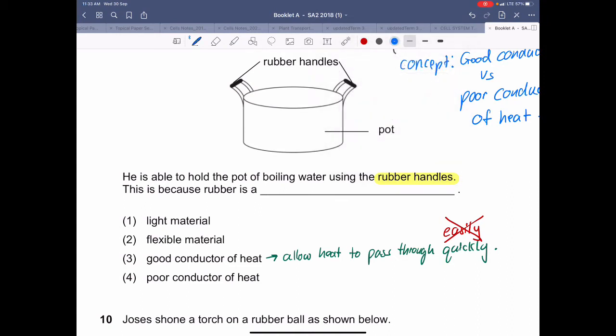A poor conductor of heat does not allow heat to pass through quickly.